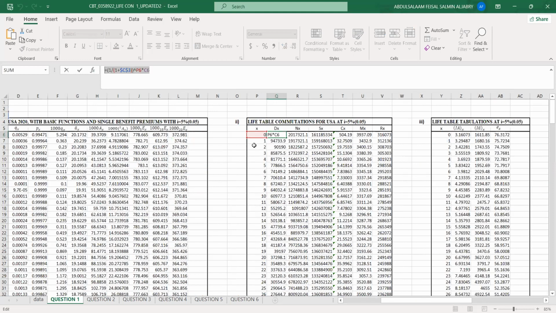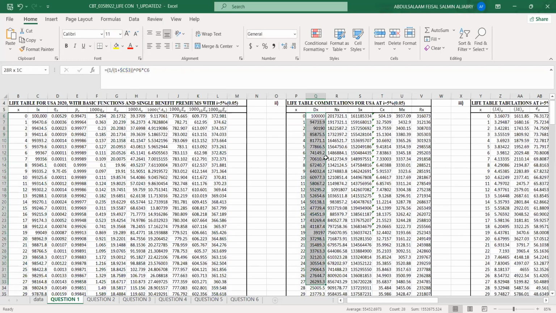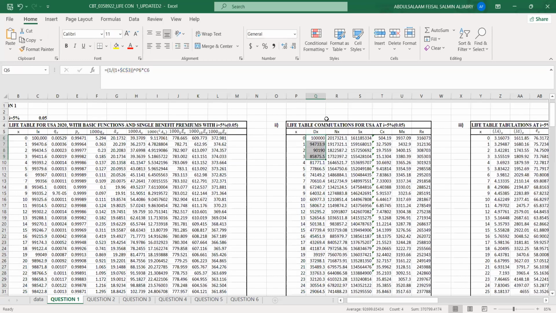As you can see, it's 1 over 1 plus I. I is 0.05, and I put the dollar sign because I want the I to be fixed throughout the calculation. Power 6, which is the x, multiplied by C6, which is the lx. After that, I just dragged everything down to 110 and I got all the values.